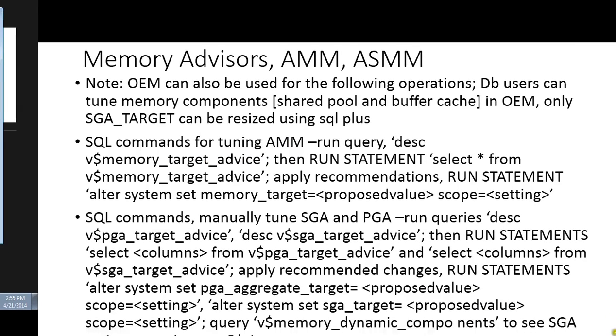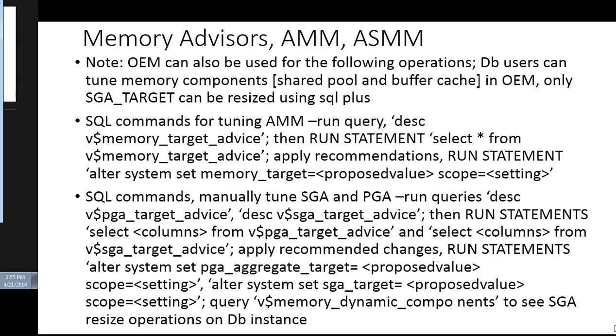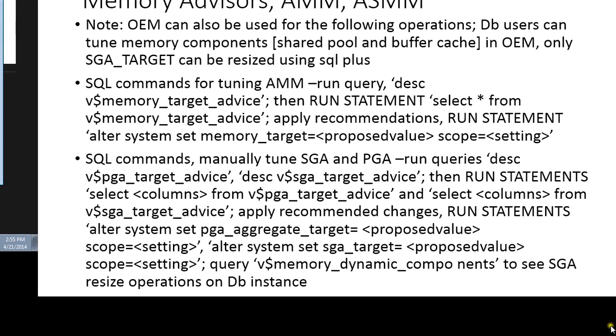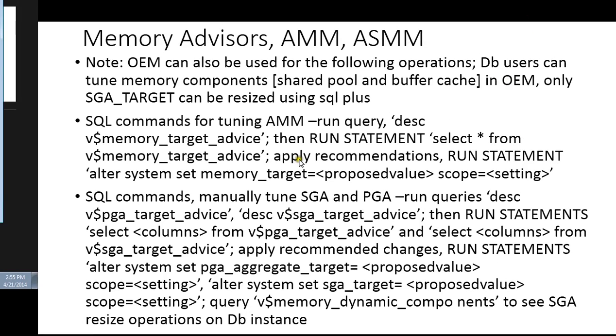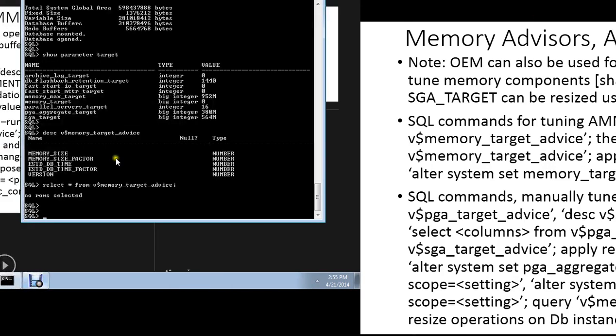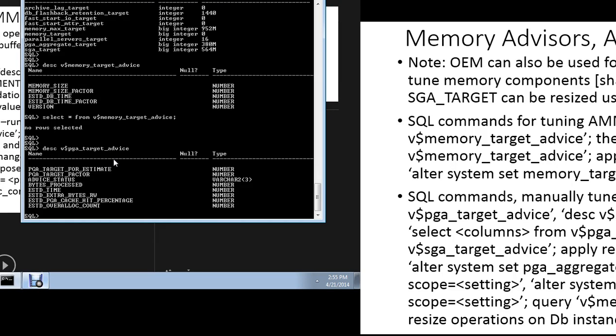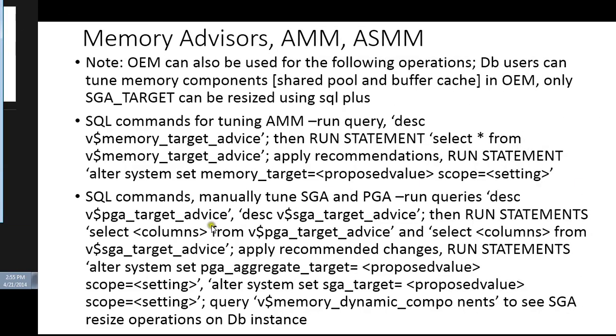But because I have a manual configuration where I manage my SGA and PGA separately, I can actually describe V$PGA_TARGET_ADVICE. And what I need to do is retrieve some raw data from this table.